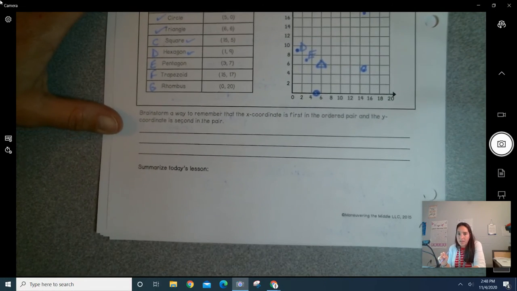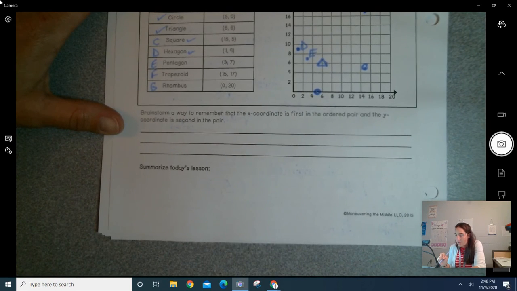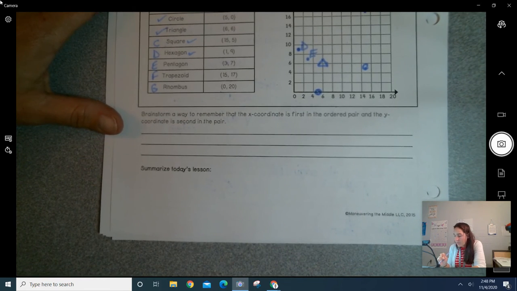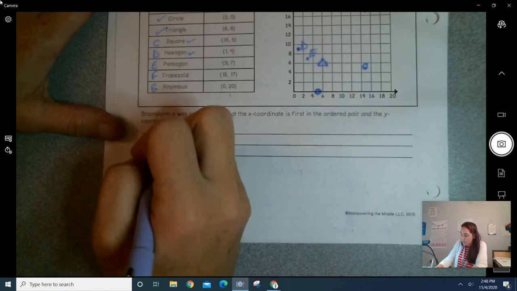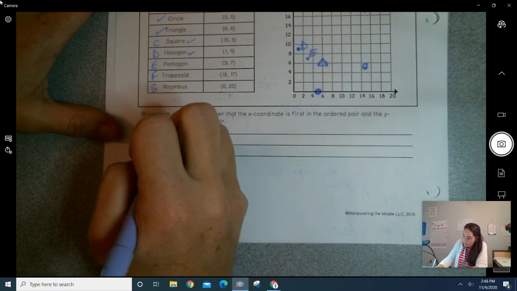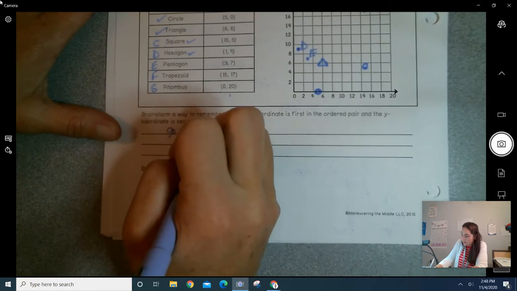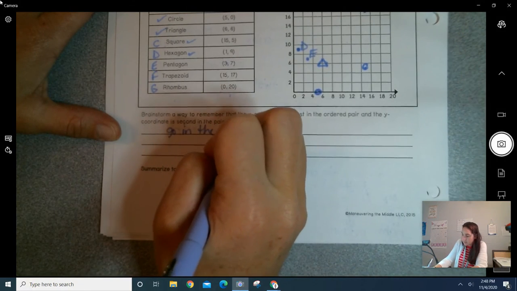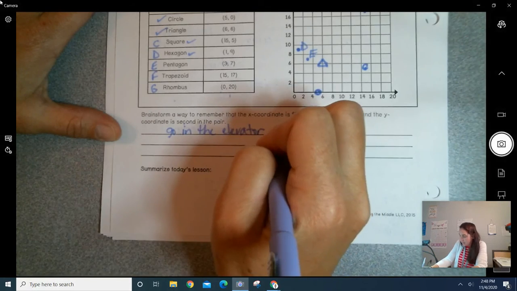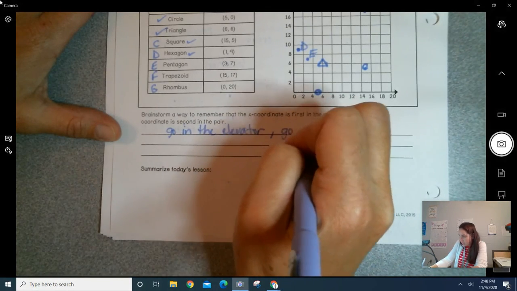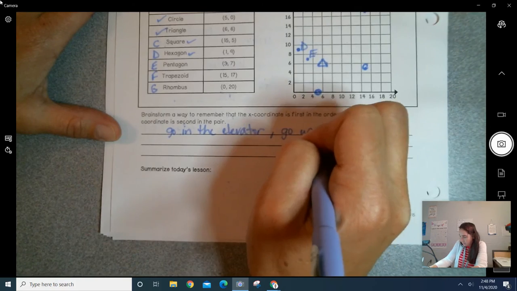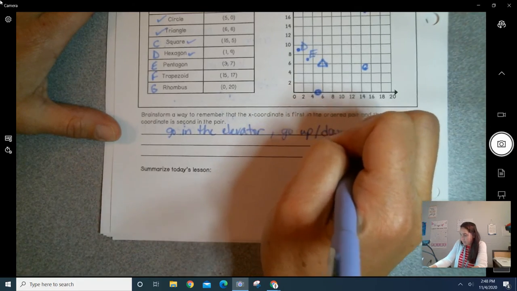Okay, the last part of this says to brainstorm a way to remember that the X coordinate is first in the ordered pair and the Y coordinate is second in the ordered pair. Now, when I was younger, I always remembered that first you have to go in the elevator and then you can go up or down.